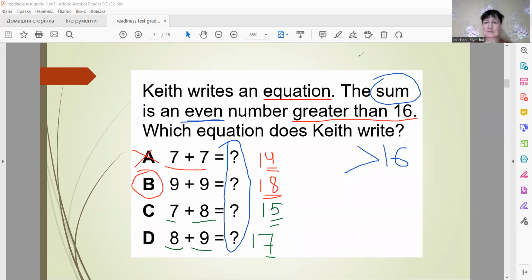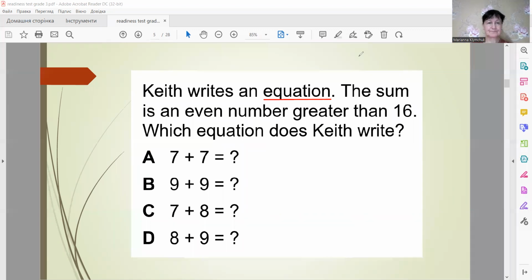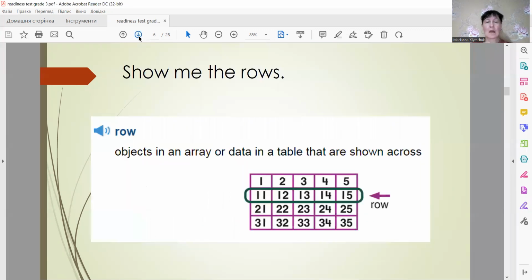Okay, now let us move to the next task. Here we need to clearly understand what it means rows, and what it means columns. We reviewed rows, and I asked students, show me rows.